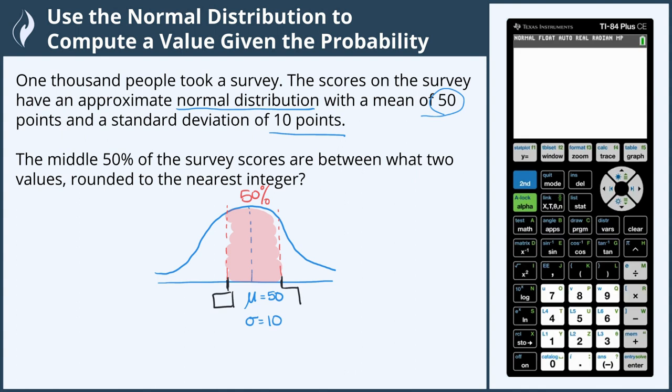If we are given the area or the probability underneath the curve, we can use inverse norm to find those. But we need to know the percent or the probability to the left of that. So let's find the probability, the area, or the percent under the curve for each of these spots. We know that this is 0.5. We know the entire area under a normal curve is 100%.